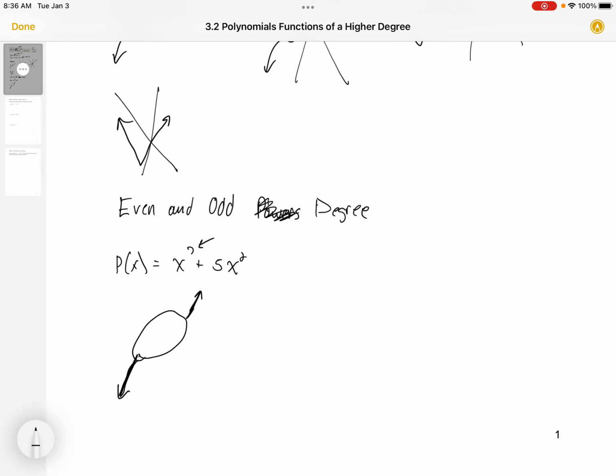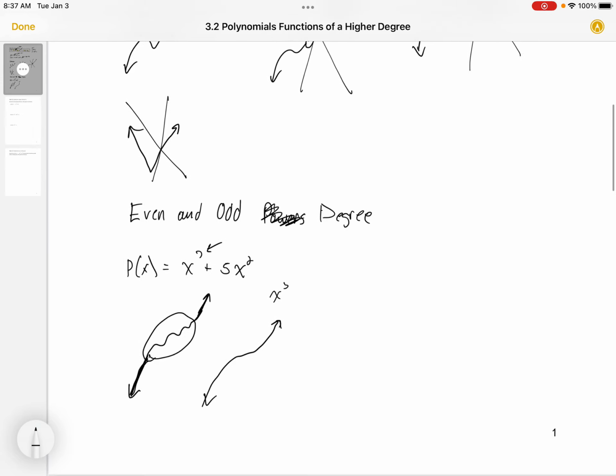When I say some stuff, I mean, depending on the degree, you could have many bumps and curves in there. The higher the degree, the more bumps, or turning points, you're going to have. If the degree is small, say it was x cubed, it looks something along those lines.